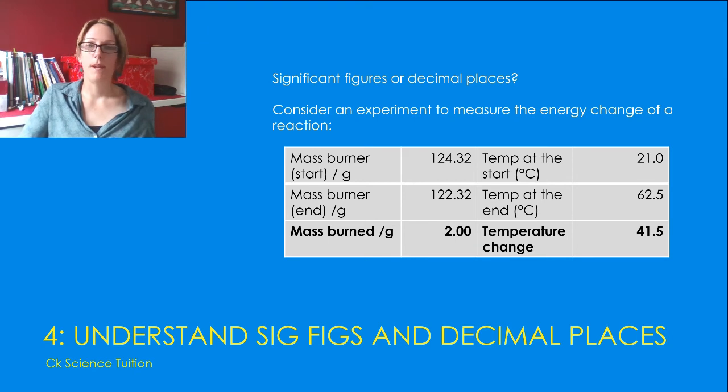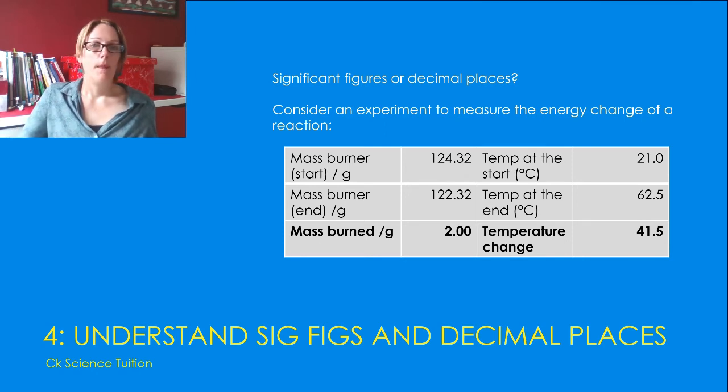The same goes for the temperature change. That's a thermometer that can read to 0.5 degrees, so I would put 0.0 or 0.5, and that is to 3 significant figures. When I take those 2 values and put them into a kilojoules per mole calculation, I'm going to work out the moles from the mass burned, and the kilojoules from the temperature change and the volume of water.